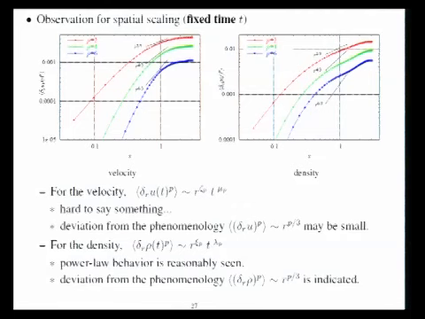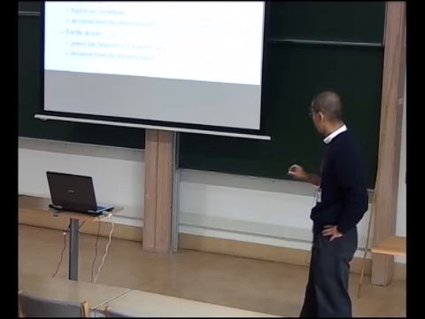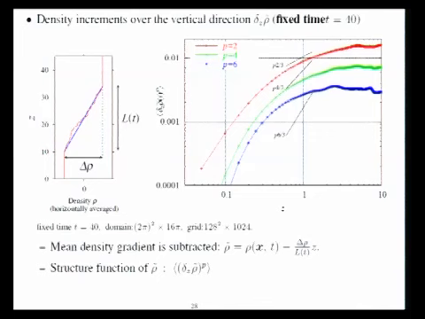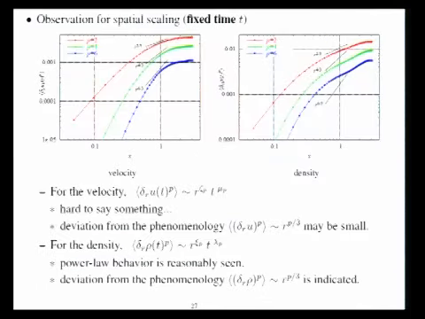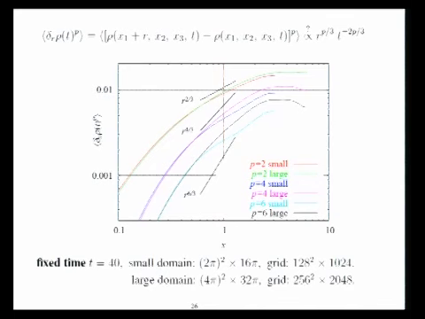But maybe I can say the deviation from the phenomenology is quite small. But for the density, of course the scaling range is quite limited, but still I can say the deviation from the phenomenology is quite pronounced.